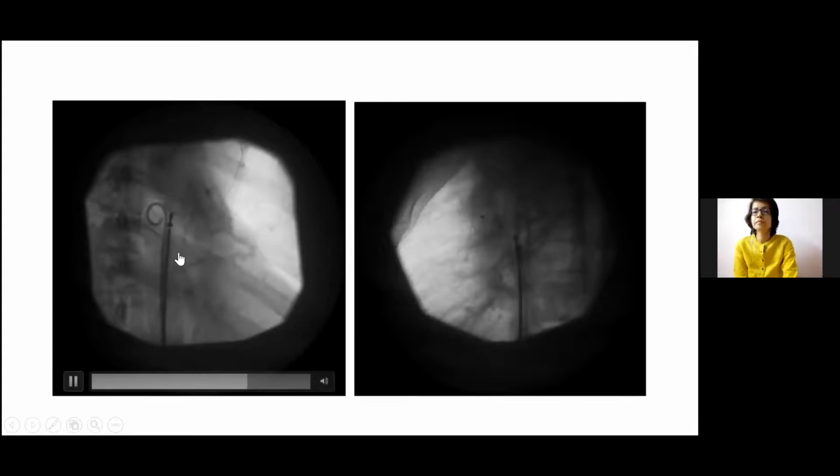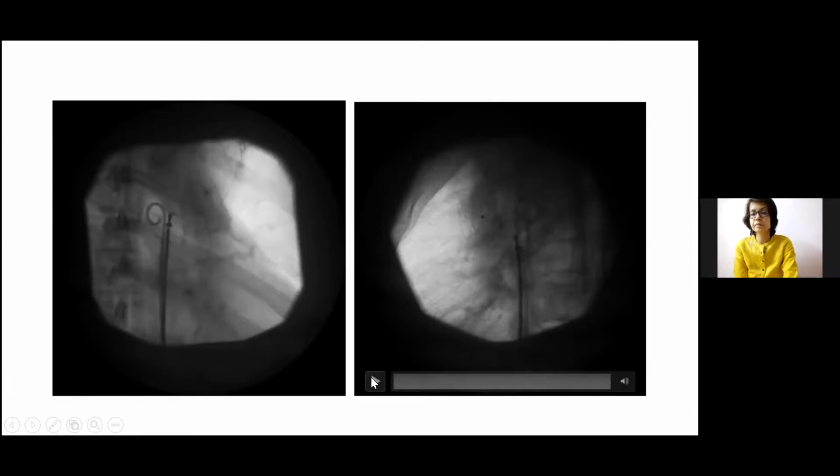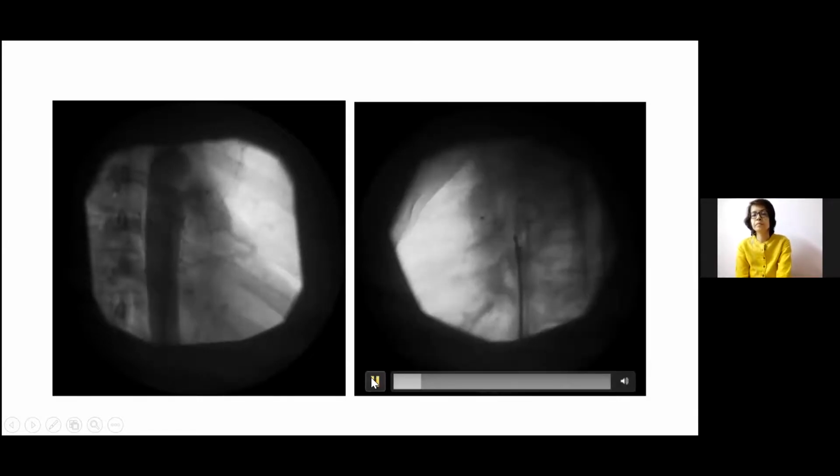We have taken two access lines, through one of which the ACE device sheath was taken, and from the other leg, the groin, we have taken a pigtail catheter, where on angiogram we proved that there has been no obstruction anywhere in the distal thoracic aorta. And after that, we were to release the device gradually.